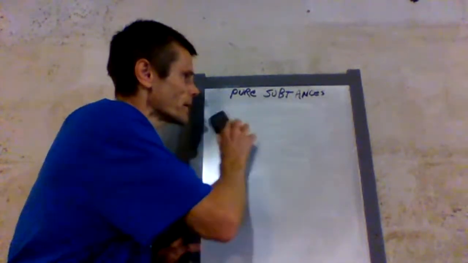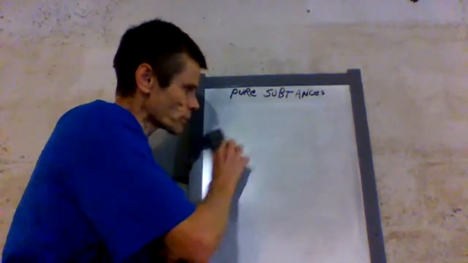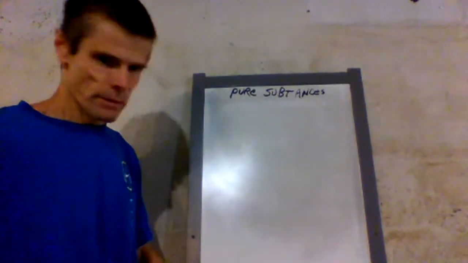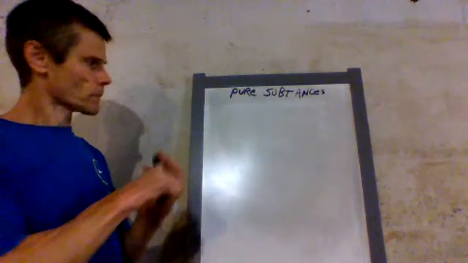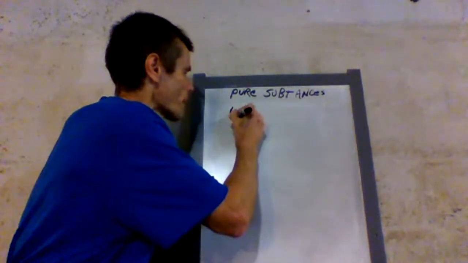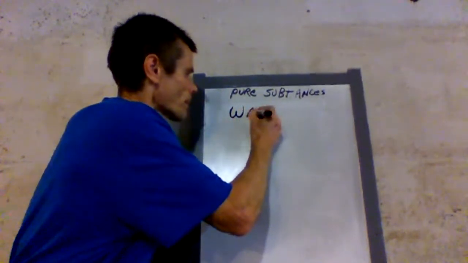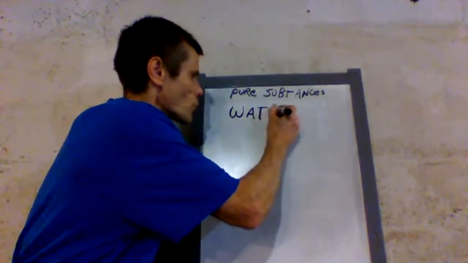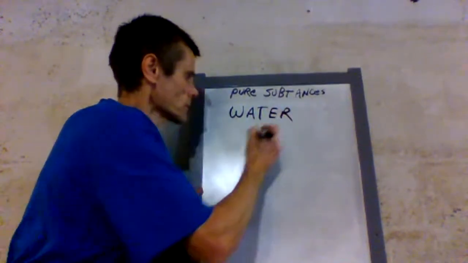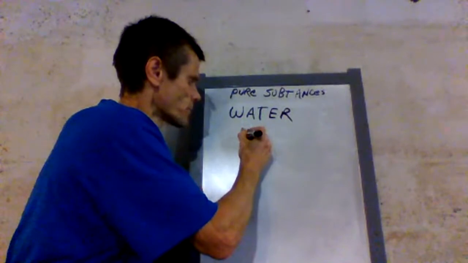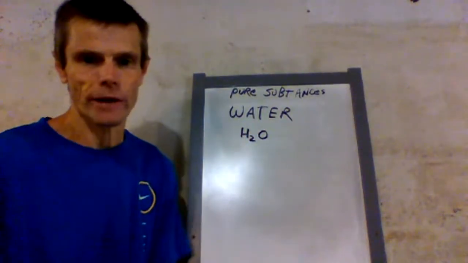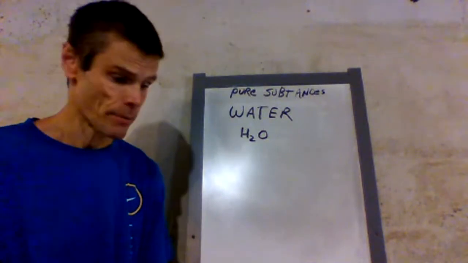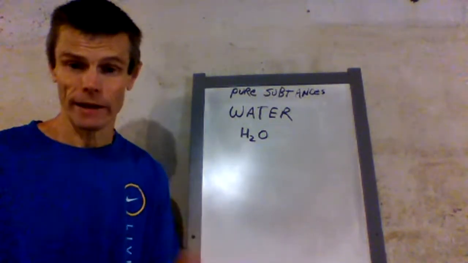As we said, water being a pure substance has a fixed composition. Water, in its pure form, is composed of molecules that have two hydrogen atoms and one oxygen atom, regardless of where we collect it from.